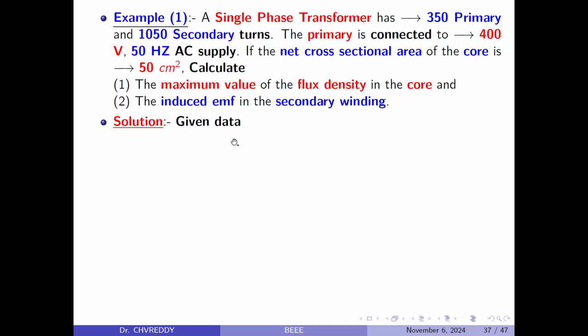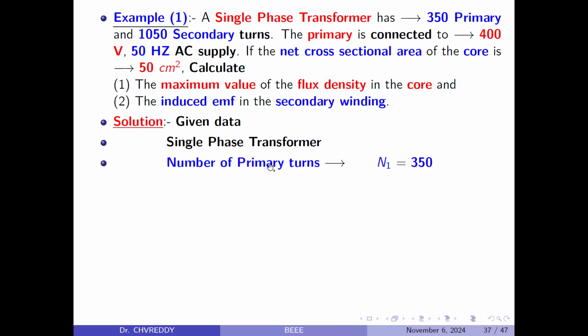Solution, given data. In the problem, they given a single phase transformer with 350 primary and 1050 secondary turns. So number of turns on the primary N1 equal to 350 and number of turns on the secondary, that is N2 equal to 1050.